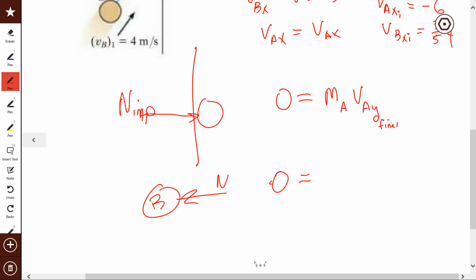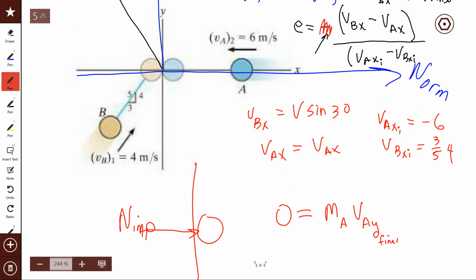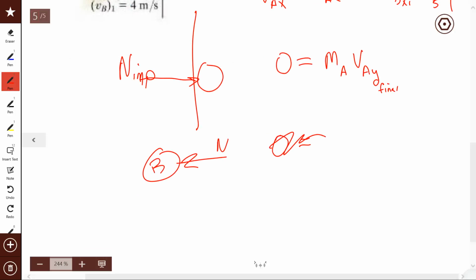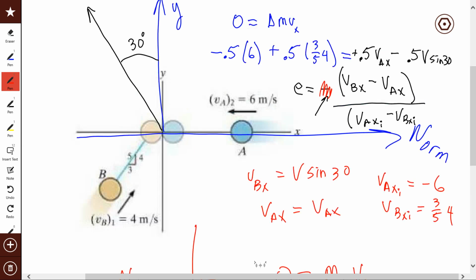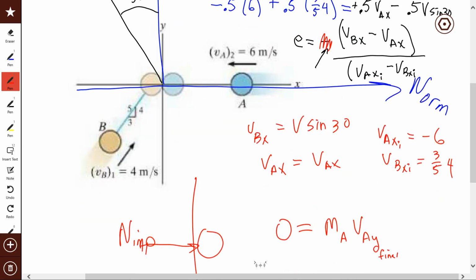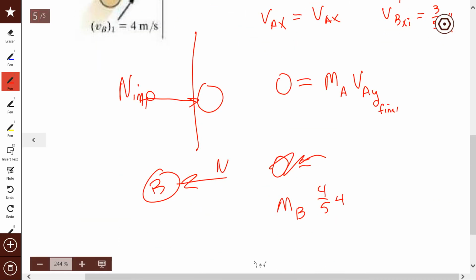That means the momentum before and the momentum after in the Y are the same. Okay, so what's the initial momentum of B in the Y direction? 4/5 times 4. So it'd be mass of B, 4/5 times 4. Is it positive or negative? Positive.